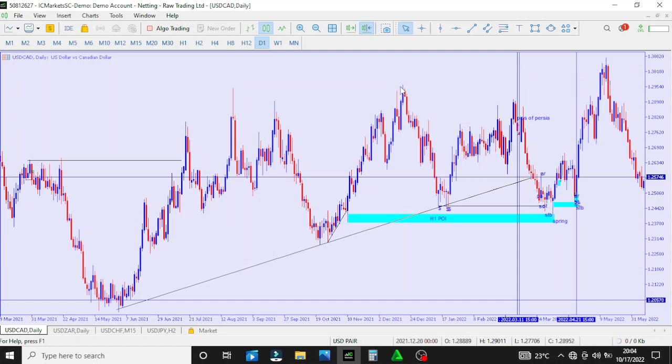So this move is just an internal structure. Overall, we are bullish. We are just grabbing the liquidity, manipulating this trend line liquidity and these equal lows.